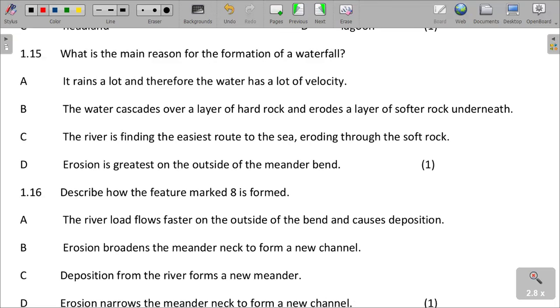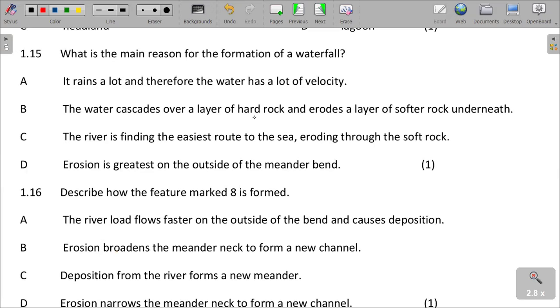What is the main reason for the formation of a waterfall? Waterfalls are formed because of water that is eroding over a hard, resistant rock mass that is overlying a softer rock mass underneath.